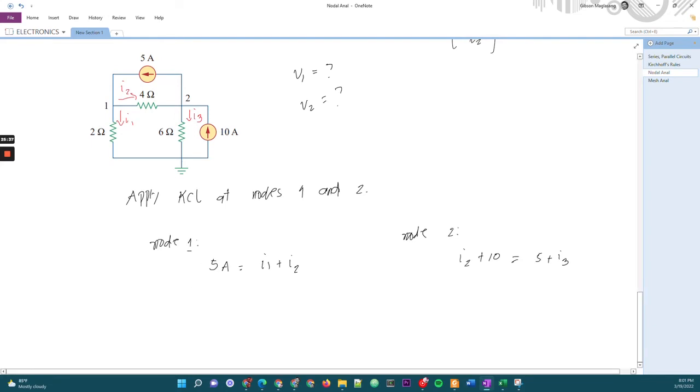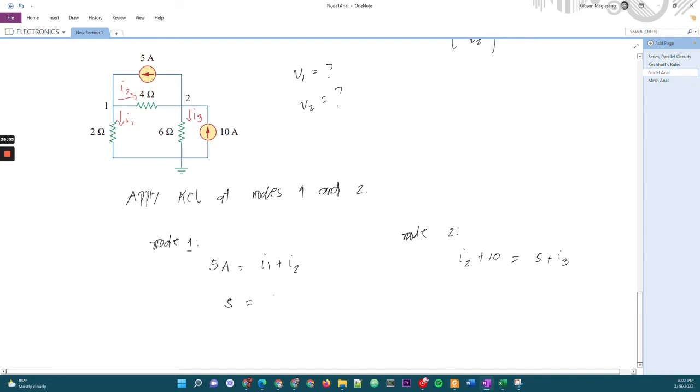After that, we apply Ohm's law at both node 1 and node 2. Okay, so let's simplify, instead of 5 amp, let's say 5 as the number. So 5 equals, take a look at I1. It has its own branch. That will be V1 minus 0 because our reference node is the ground and the ground is 0.